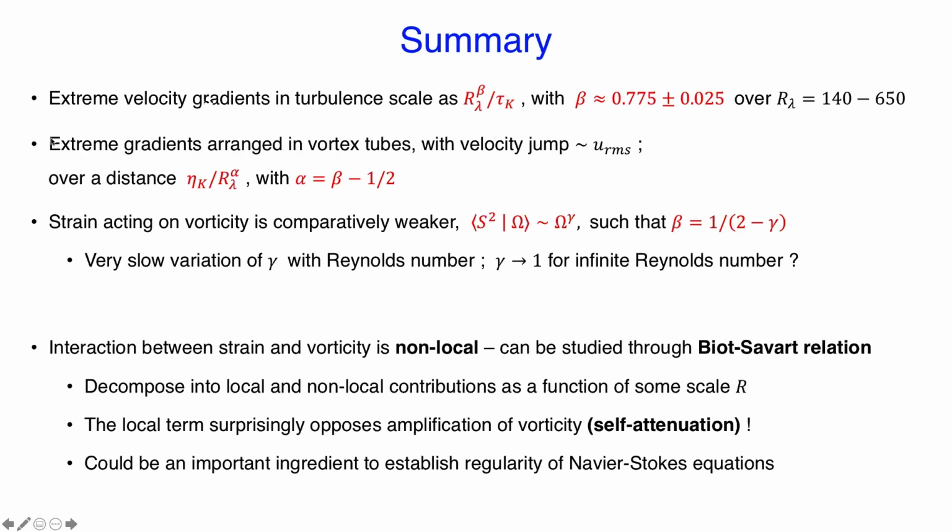We also saw that these gradients are arranged in vortex tubes, where the velocity jump across the tubes is of the order of the RMS of the velocity. The distance over which this happens is the Kolmogorov length scale divided by R lambda to the power alpha, where alpha is related to beta.